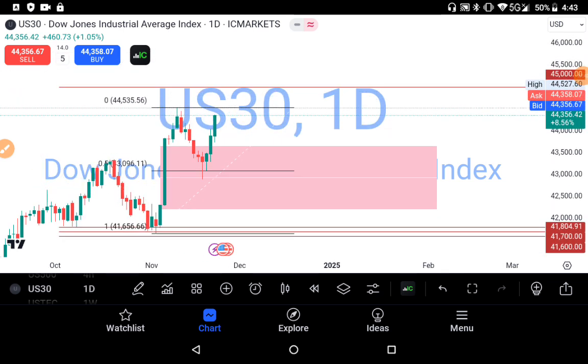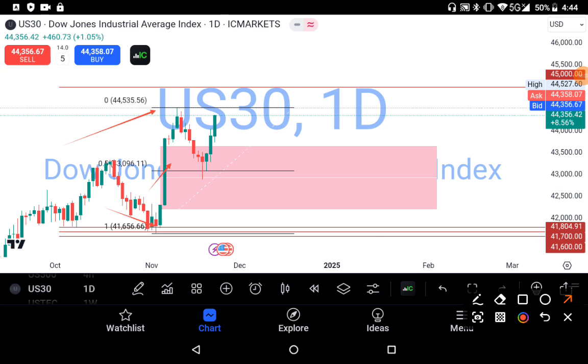Let me put it this way. The Fibonacci retracement level you are seeing here, this line and this line, I'm measuring the daily range.